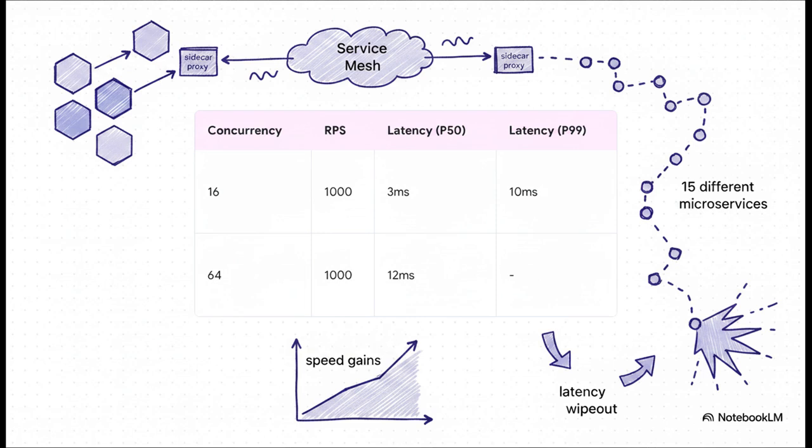Benchmark tests on Istio show that at 1,000 requests per second across 16 connections, the proxy adds about 3 milliseconds of latency. But scale that up to 64 concurrent connections, and Istio is adding 12 extra milliseconds of latency. When your request has to hop through 15 different microservices, those 12 milliseconds compound incredibly fast. It can potentially wipe out all the speed gains you got from switching protocols in the first place.